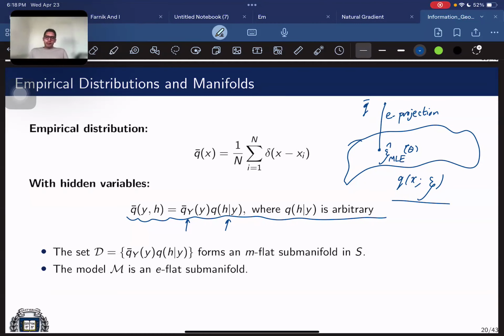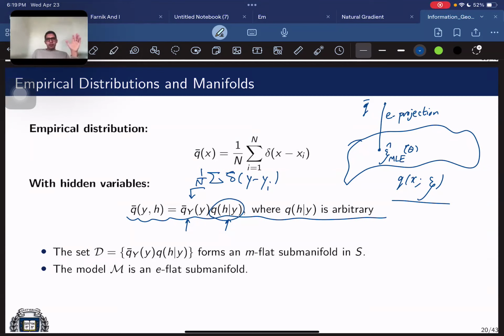Then consider this as your data manifold. So the data could come from any distribution. This is 1 over n delta of y minus yi. You observe this, so this is a point. But this could change.